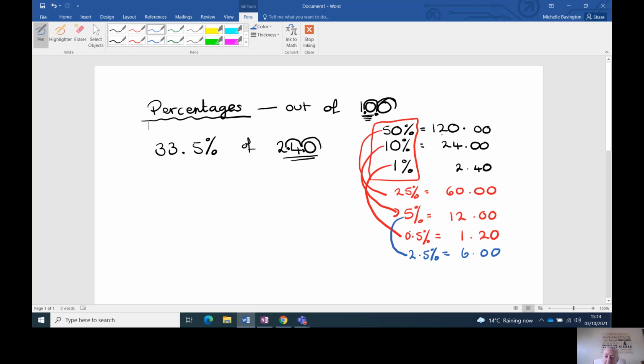And 2.5% is half of 5. And we can do that all the time. Okay? So now let's figure it out.